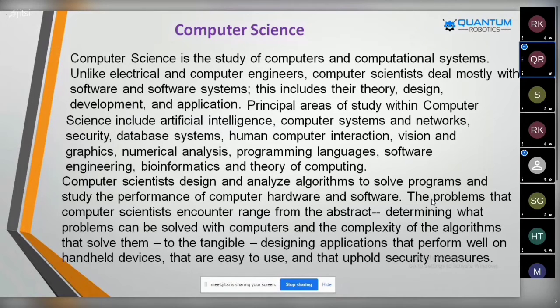The programming languages that software engineers, bioinformatics, and data computing use are the computer science of analytic algorithms to solve problems and study the performance of computer hardware and software. In computer science, it is not only software; there are also hardware circuit designs.